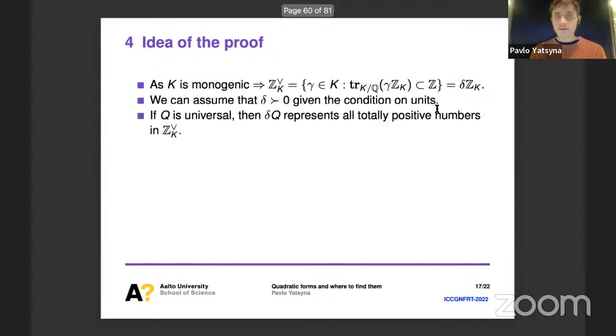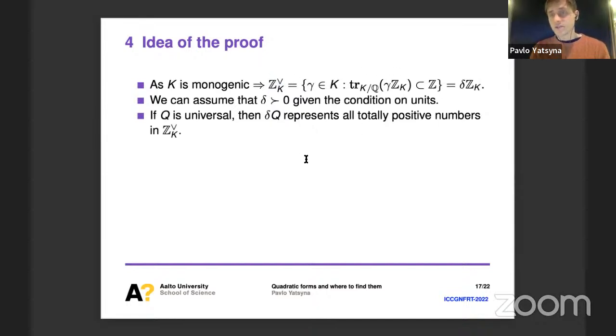Now, if you have a universal form Q, then Q represents all the totally positive integers in Z_K. But when we multiply our Q by delta, which is totally positive, it represents all totally positive integers in our dual. So essentially, our delta Q represents all the totally positive integers in the codifferent.